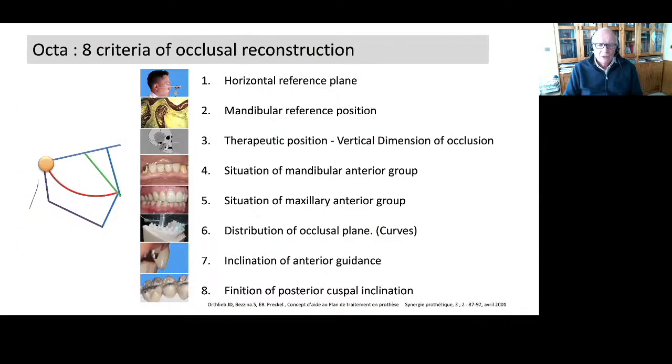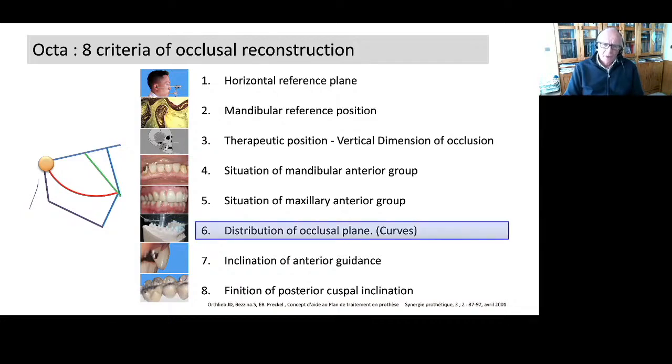Okay, I was short on this. The main point that I like a lot is the distribution of the occlusal plane.